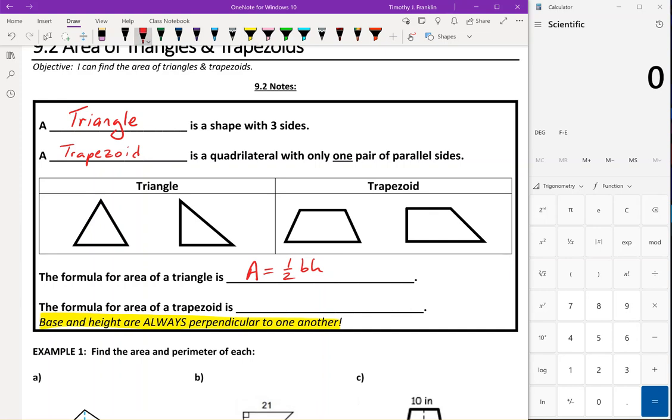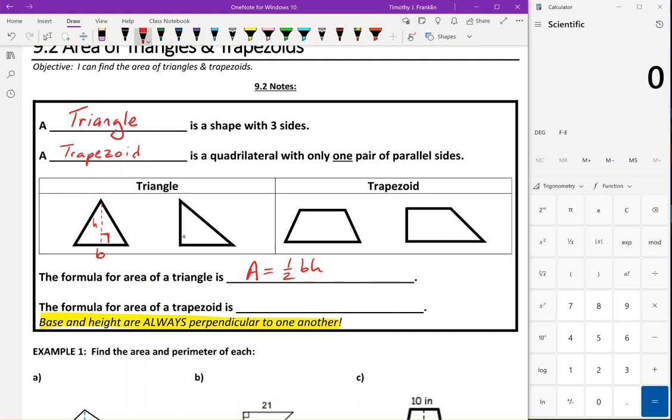So in the above picture here, if this is the base of the triangle, the height is the perpendicular distance from the base to the opposite angle. Any of these sides could be a base as long as you know that perpendicular distance to the opposite angle.